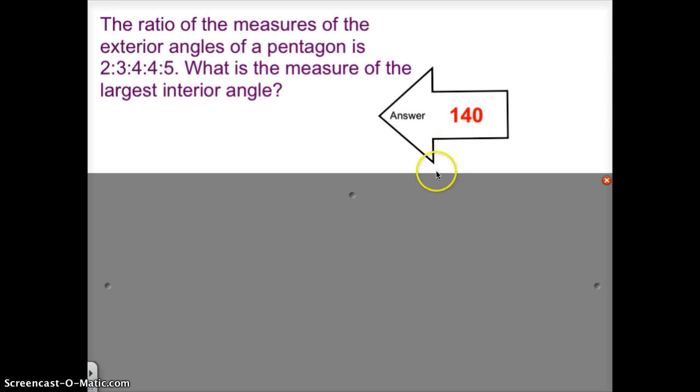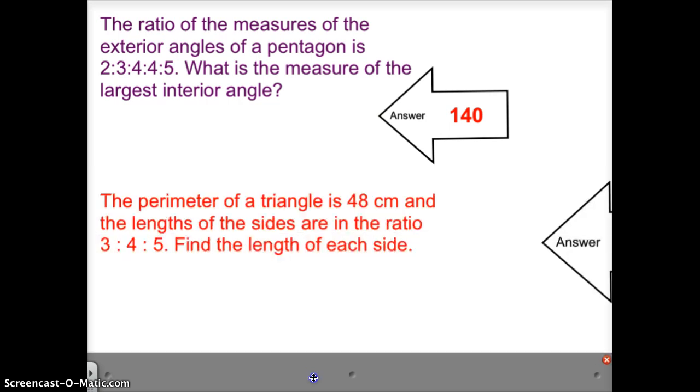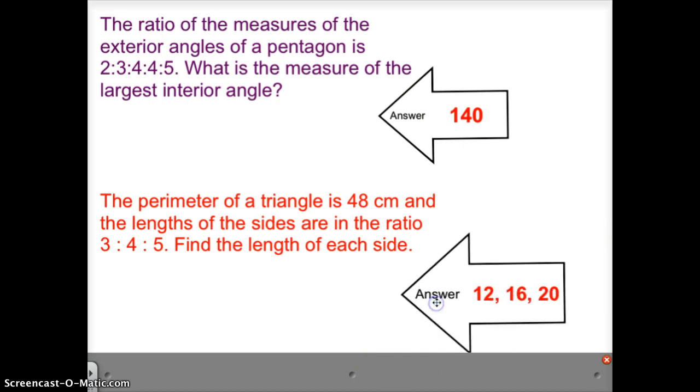X would equal 16. Multiplying it by 5 as the factor would be 140 degrees. This is the answer to number 17. The perimeter of a triangle is 48 centimeters, and the lengths have a ratio of 3, 4, and 5. The lengths of each side are 12, 16, and 20.